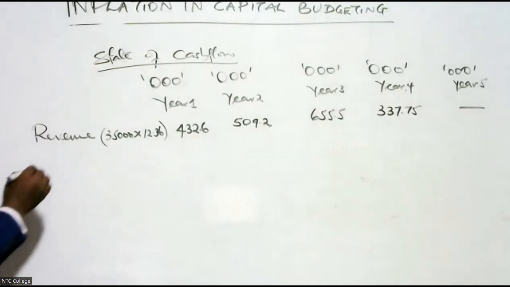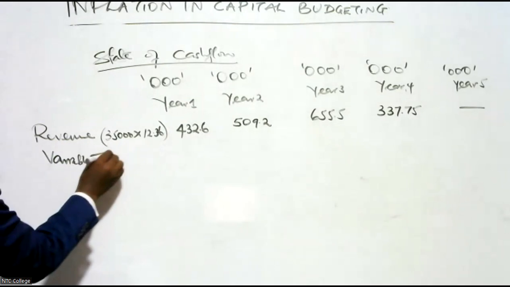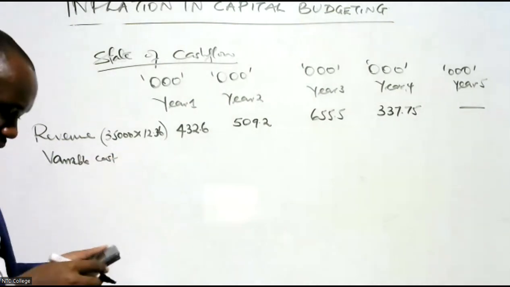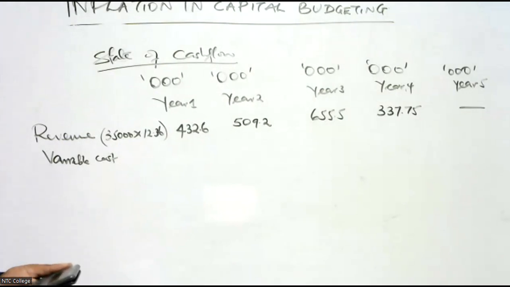Now let's come to the variable cost. So variable cost, you do the same thing: 35,000 times 8.11.